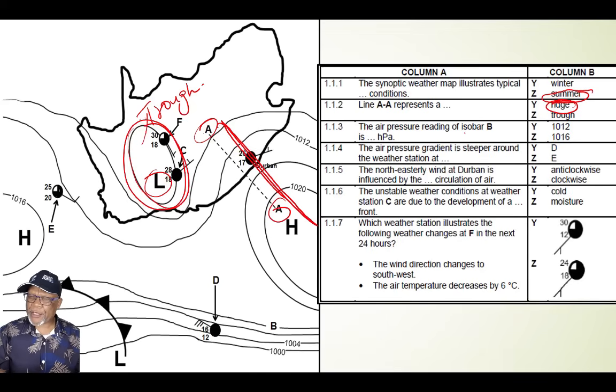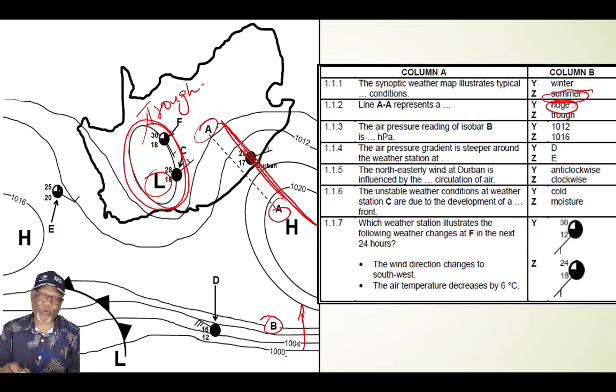The air pressure reading of isobar B is, now you have to look at isobar B. Here is our isobar B. What is the air pressure at B? Now look at the trend. It shows here that the pressure is increasing when you go towards that H. But now let's look at what is the isobaric interval.